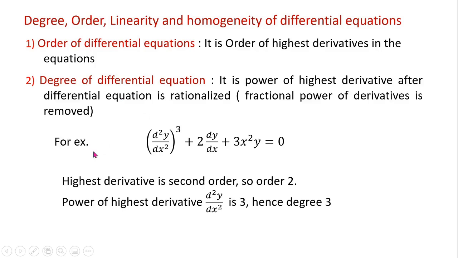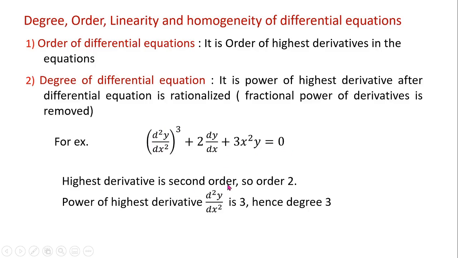For example, in this equation, (d square y upon dx square) whole cube plus 2 dy by dx plus 3x square y is equal to 0. The highest derivative is of second order, because here d square y upon dx square is the highest-order derivative. Therefore, the order of this differential equation is 2.